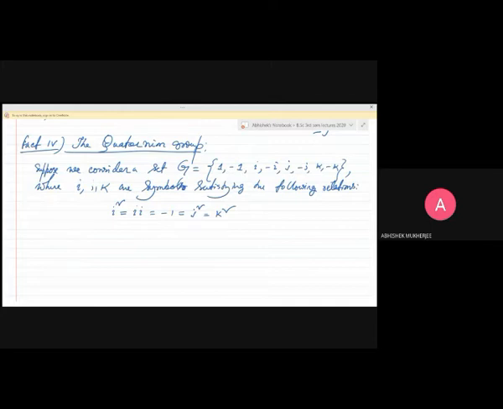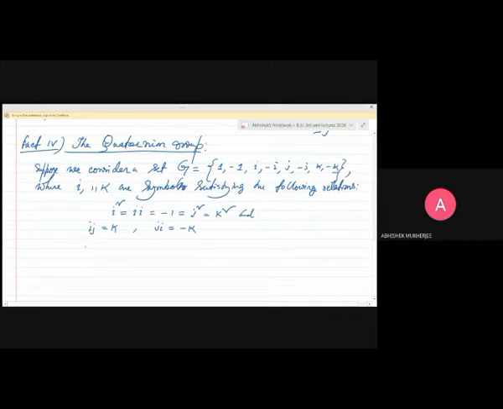Also, if you put i and j, then it will give you k. If you put first j and then i, then it will give you minus k. And the similar relations can be defined for other cases in a cyclic order.